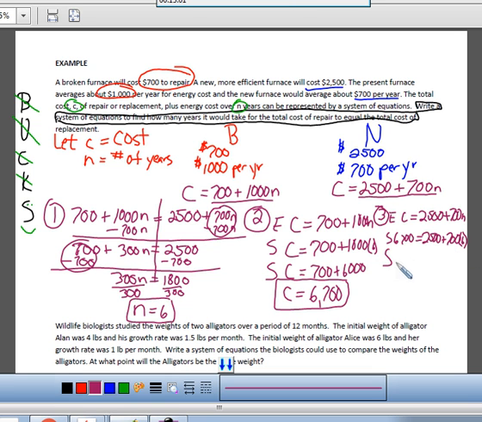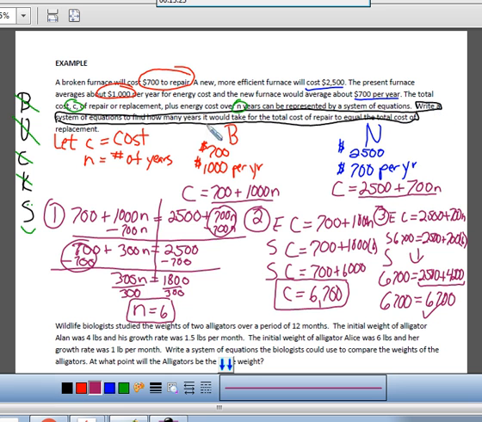Well, 700 times 6, I'm going to bring this down here. So I have 6,700 equals 2,500 plus 4,200. And yes, when you add those two together, you get 6,700. So does it check? Does it work? Yes, it does. Since I don't have any room to write my answer here, I'm going to write it above.